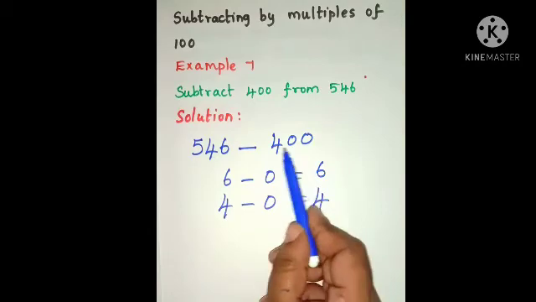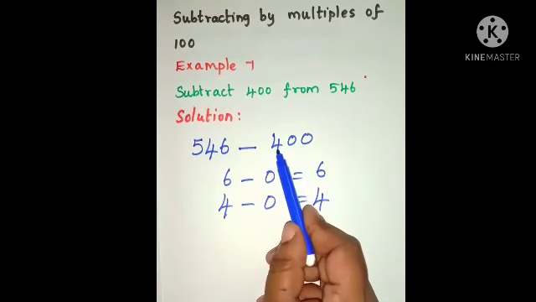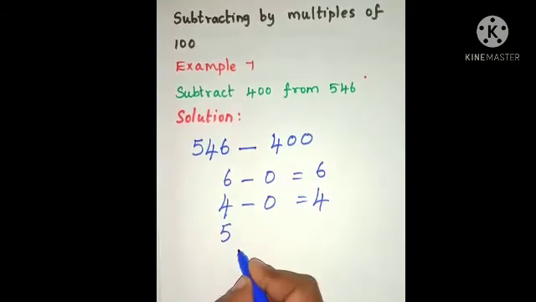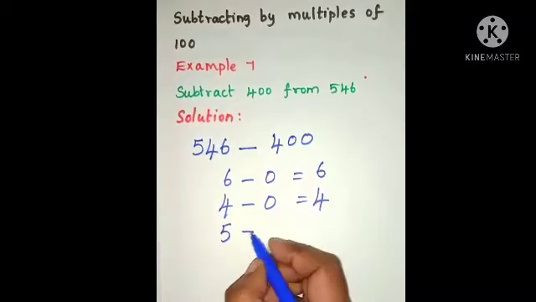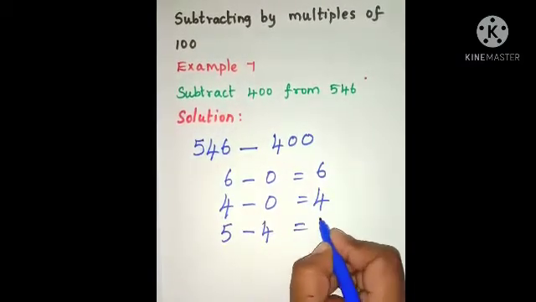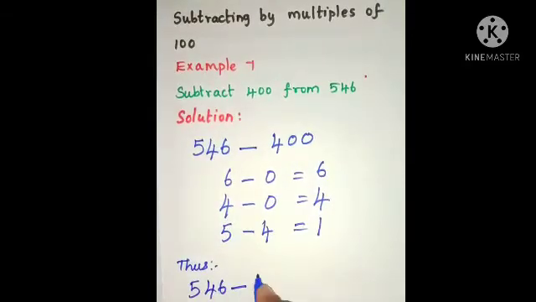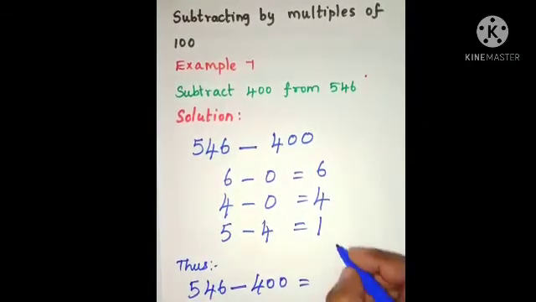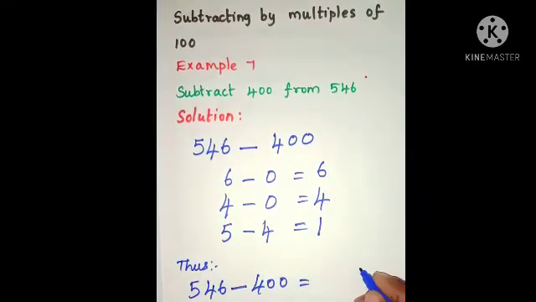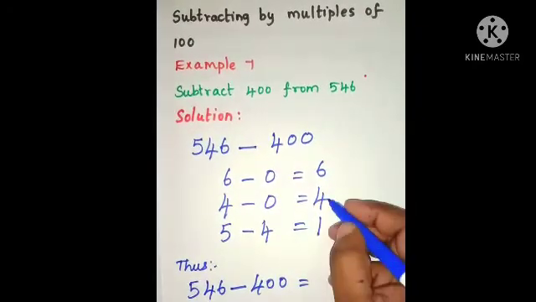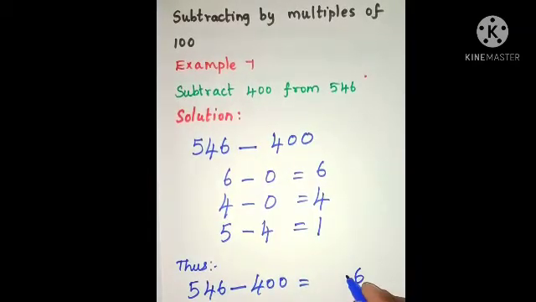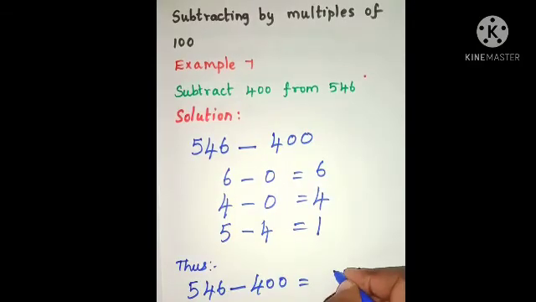Yes, 400 is a multiple of 100. Thus, there will be a change in hundreds place. That is, subtracting the digits in the hundreds place. 5 minus 4. We get 1. Thus, the required answer will be 546 minus 400 is equal to 6 is the digit in the ones place, 4 is the digit in the tens place, and 1 the digit in the hundreds place.